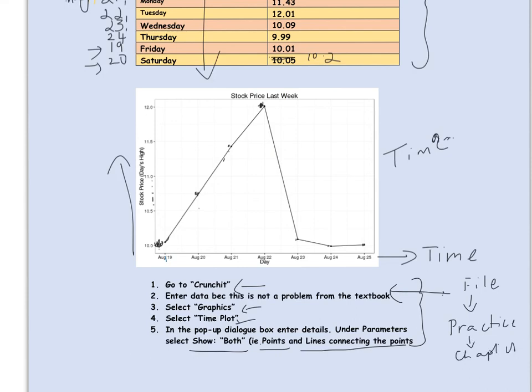So just try this on Crunchit. It's easy to follow and use. Just remember that if you're solving a problem from the textbook, all the data is already entered there, so you don't have to do any data entry. All you have to do is go to the right problem, and all the numbers will show up on the Crunchit work page.